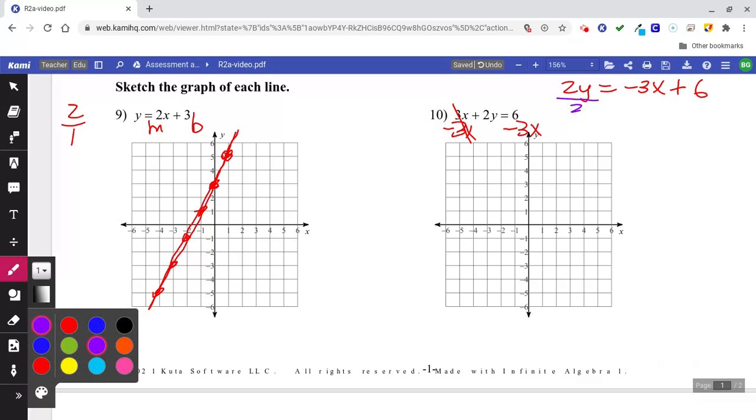Let's divide by 2 to get y by itself. And then keep in mind, you're going to have a fraction here, negative 3 halves x. And you're going to divide this one. 6 over 2 is 3. So our y-intercept is the number 3, and our fraction is down 3 and right 2. We've got that. That's probably good enough, or you can come up with more points if you want.